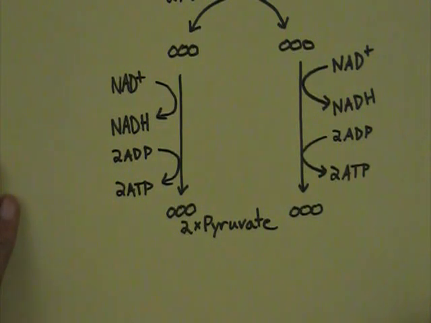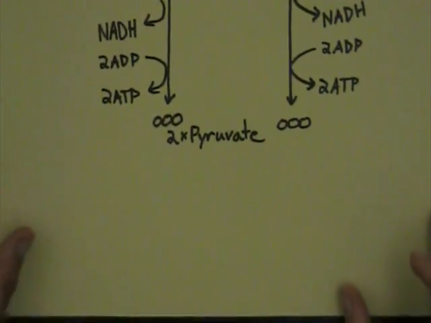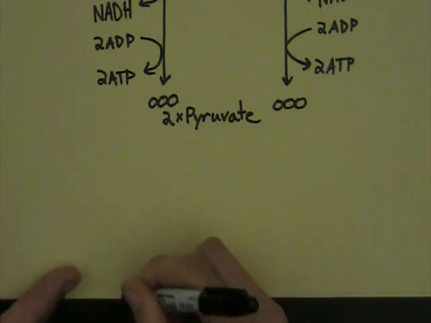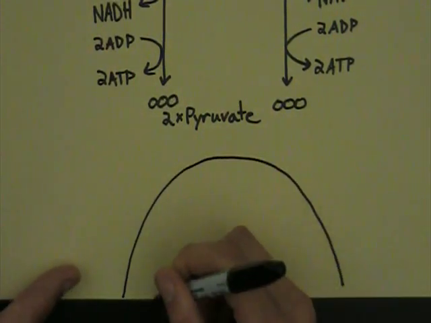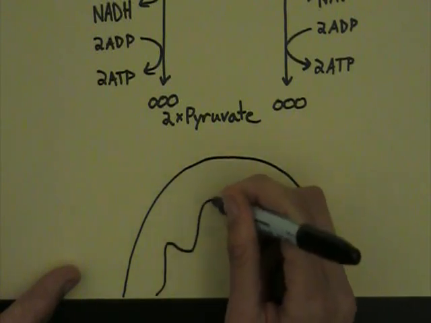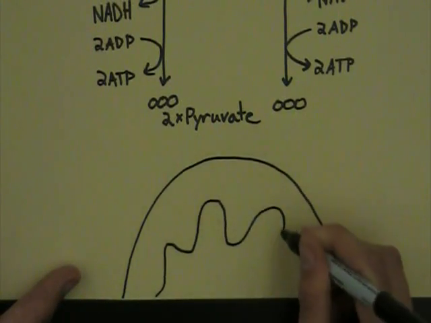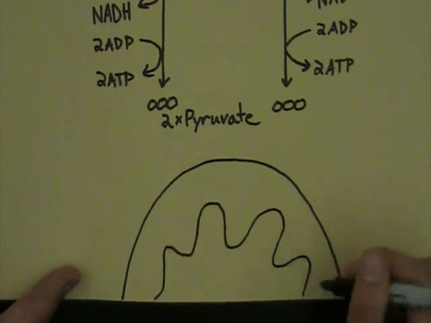Now, in aerobic conditions, those are conditions with oxygen, the following will happen. I'll show you the edge of a mitochondrion here, and remember that of course it has 2 membranes, and the inner one is folded into these structures called cristae.